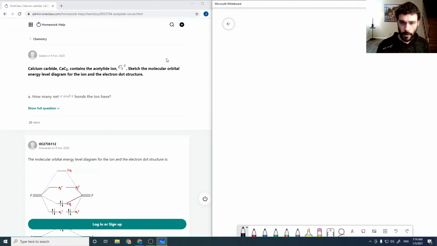All right, so for our seventh question here, calcium carbide contains the acetylide ion, C2 2-. Sketch the molecular orbital energy level diagram for the ion and the electron dot structure. Okay, so in constructing molecular orbital diagrams for homonuclear diatomics, the biggest thing we need to remember is that our 2p orbitals have two options for how they overlap.